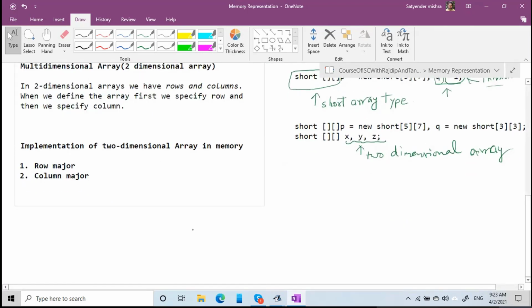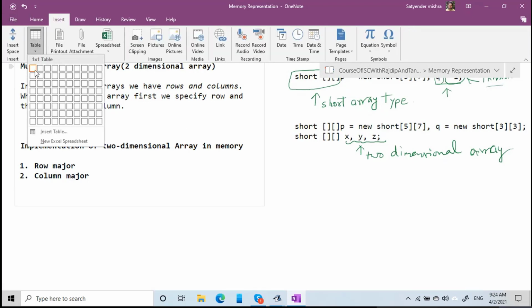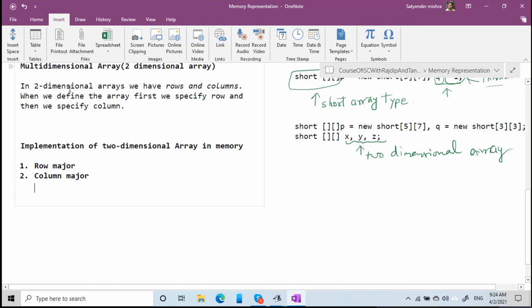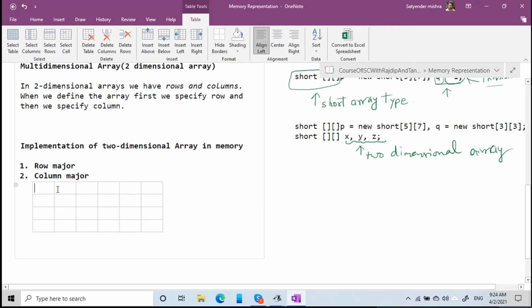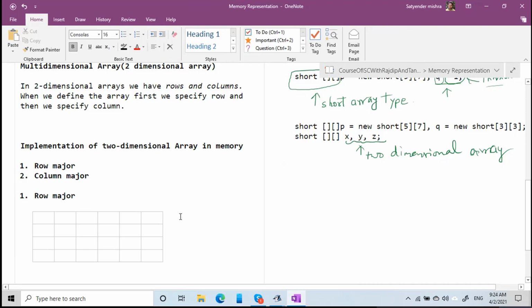Row major, what will happen? Say, for example, we have defined this array. So this is an array, right? Here I have declared one array.